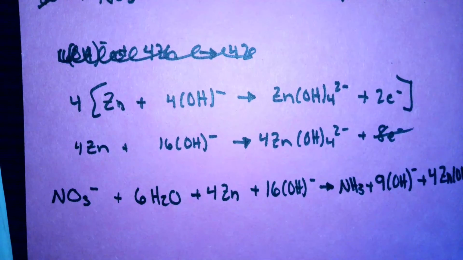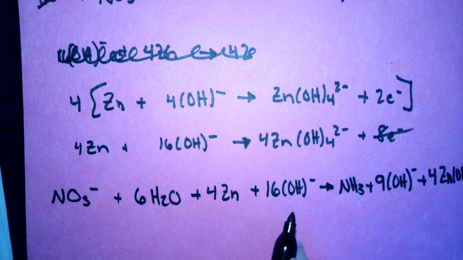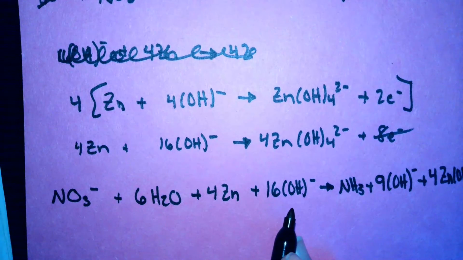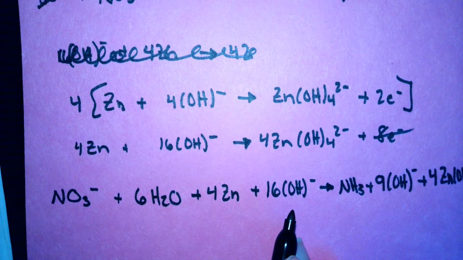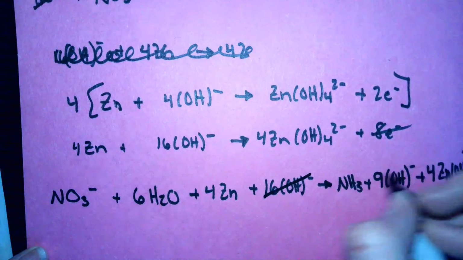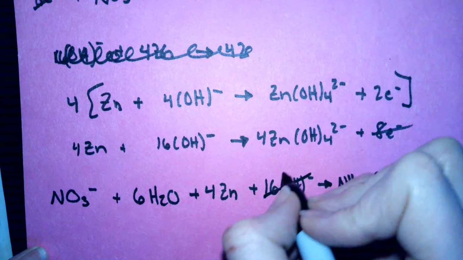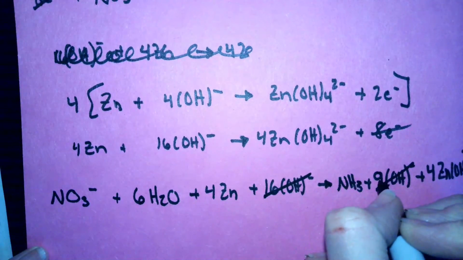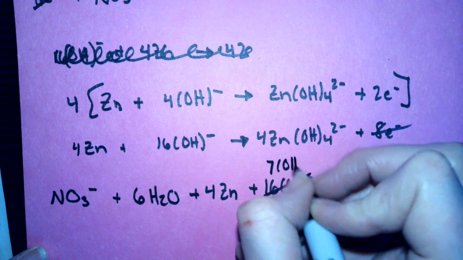Alright, double check that I didn't make any silly mistakes here. So we have 16 OH on this side and 9 OH on that side. So I can cross that OH off, and this one is left with 16 minus 9, which gives me 7 hydroxides here.